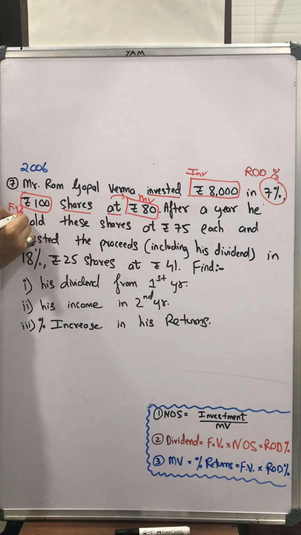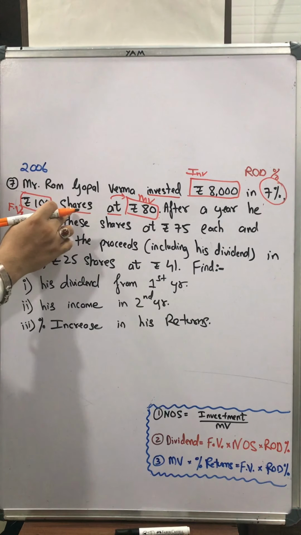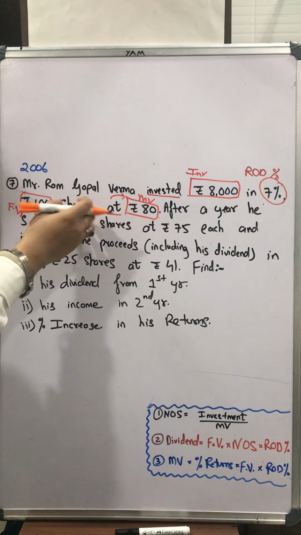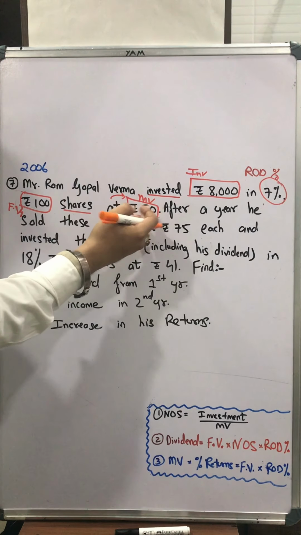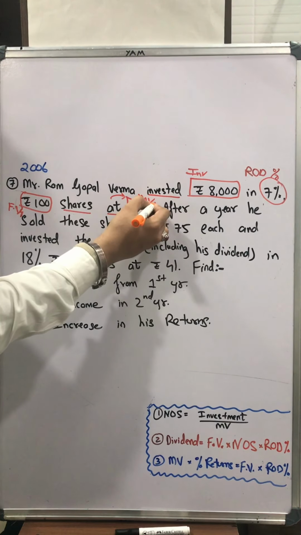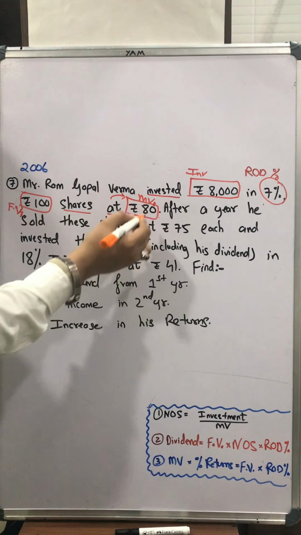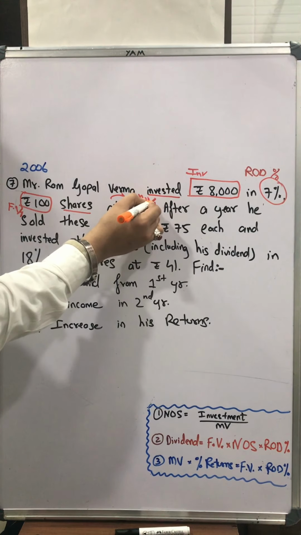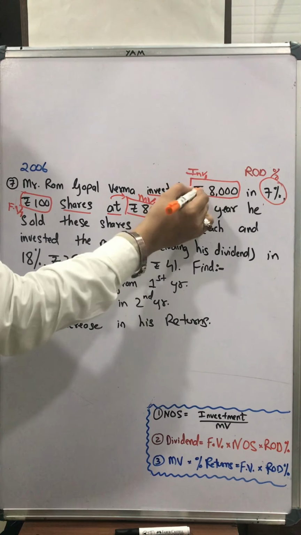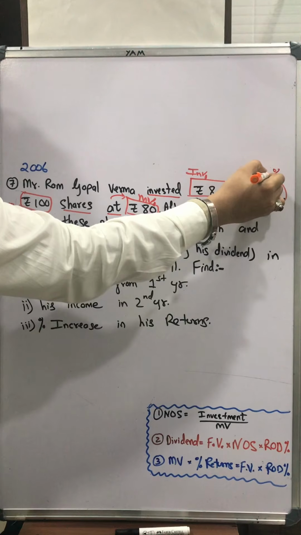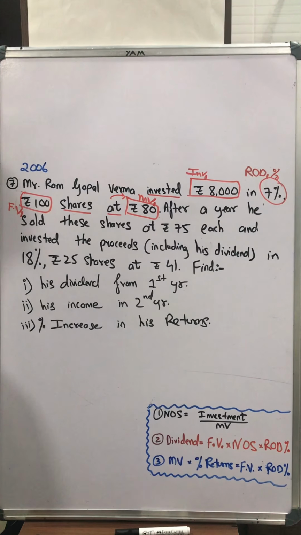So I'll write here face value 1 because it belongs to the first firm. And he purchased the shares of the first firm at market value of rupees 80. So I'll write MV in subscript 1, because it's the market value of the first firm shares. This is the investment for the first firm, 8,000. Rate of dividend for the first firm, 7%.